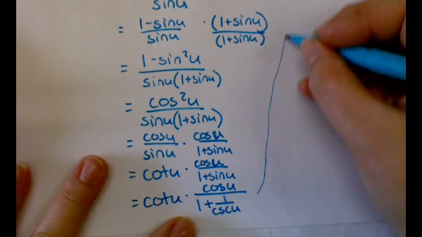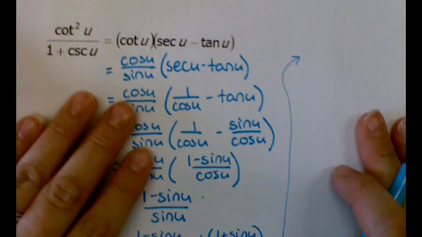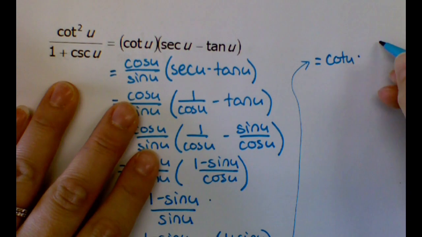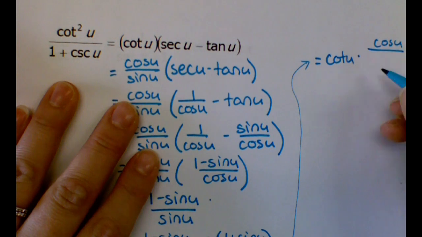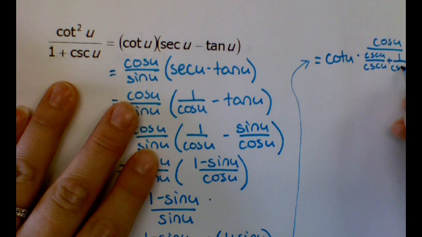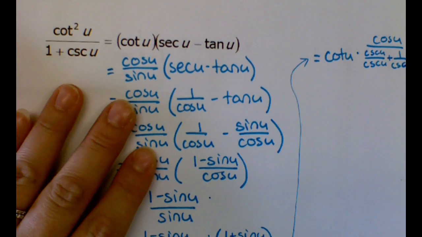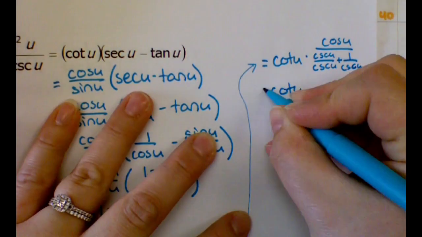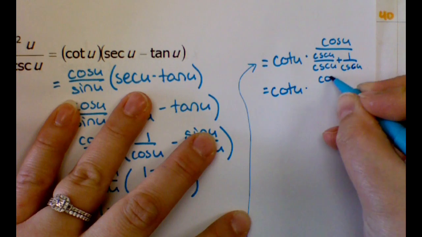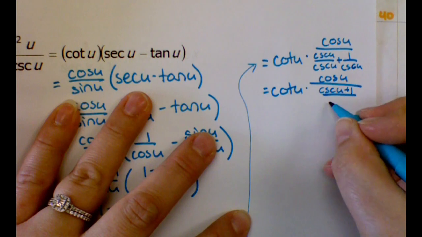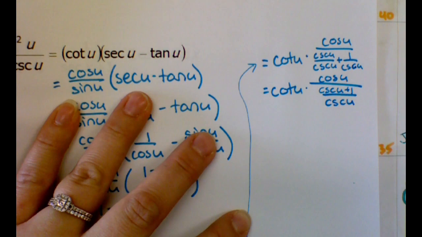So I have cotangent of u times cosine of u over cosecant of u over cosecant of u plus 1 over cosecant of u. Combine those into one fraction. Keep my equal sign. I have cosine of u over cosecant u plus 1 over cosecant u.